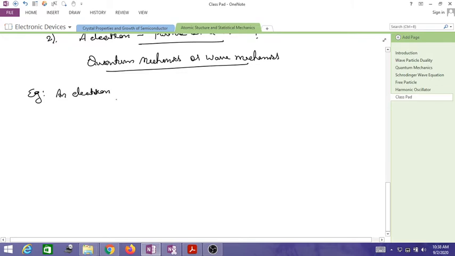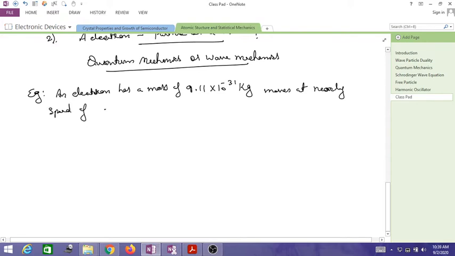An electron has a mass of 9.11 into 10 to the power of minus 31 kg and moves at nearly the speed of light.